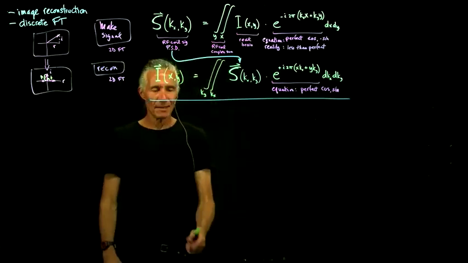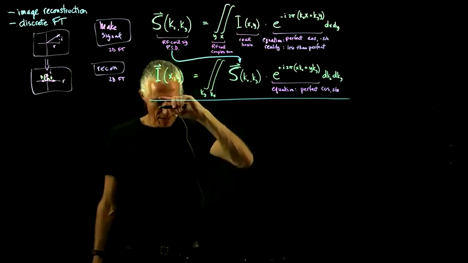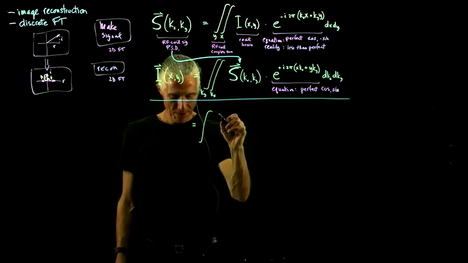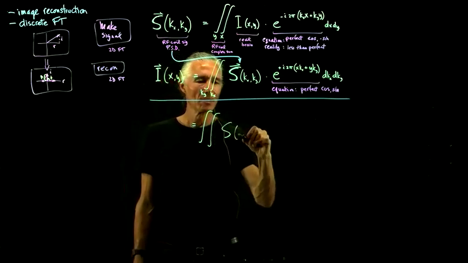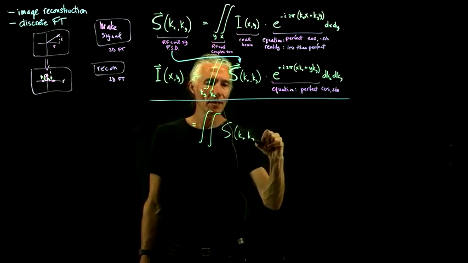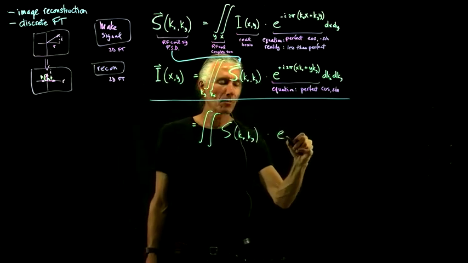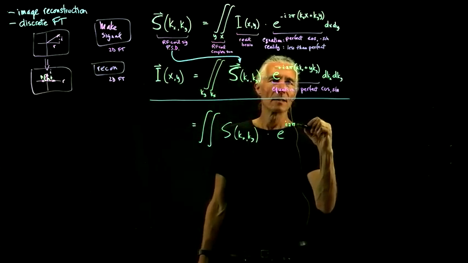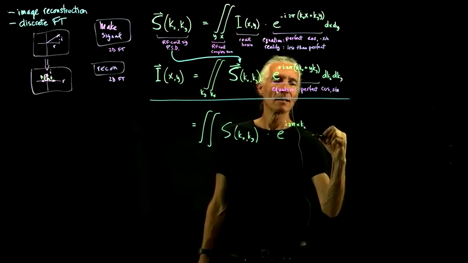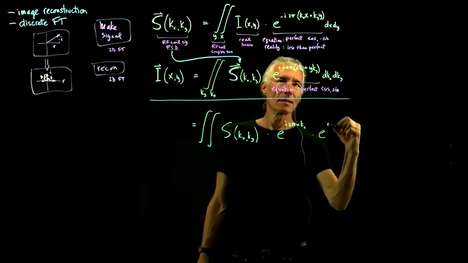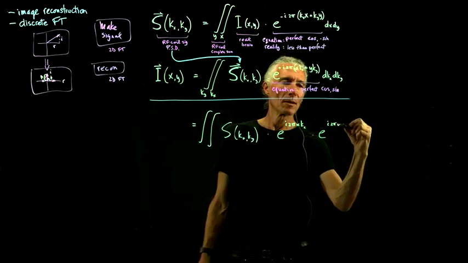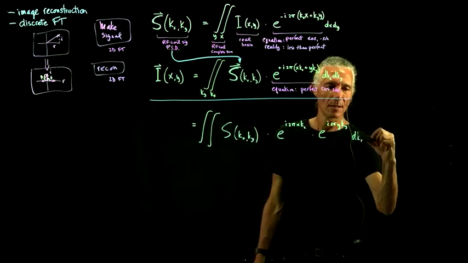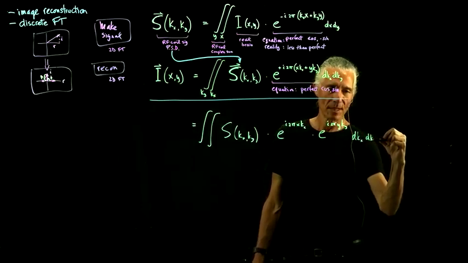Okay, but how do you actually do the reconstruction in real life? If you take that reconstruction equation, what does it look like? It looks like signal(kx, ky) times e to the i 2 pi x kx times e to the i 2 pi y ky, summed across all kx, ky, all spatial frequencies x and y.